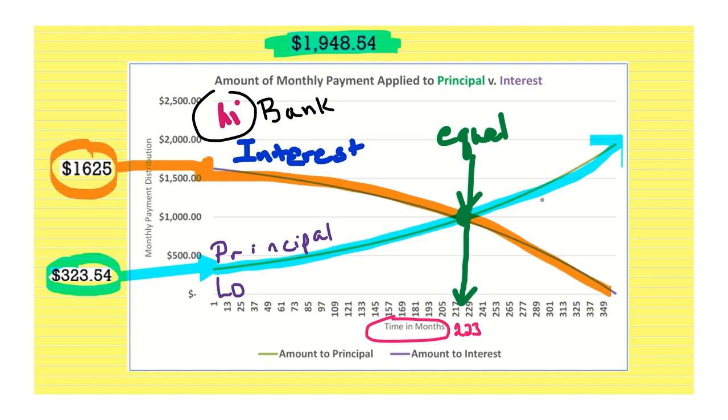And then for the remainder of your loan, after that point of equilibrium, your principal payment that is paying down your loan will get higher and higher and higher, and your interest will get lower and lower and lower until eventually you pay off your loan. And then guess what? Guess how much of the house you will own at the end of that. That means you will own 100% of your house, and that will be a happy day.